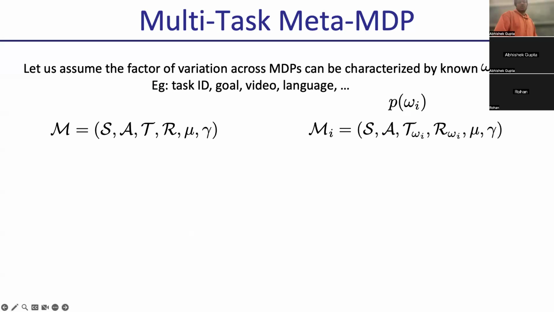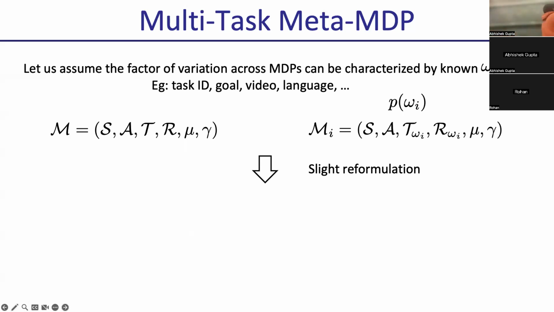For instance, if your multitask is going to different positions in the space, your ω_i is going to be your goal position that you want to go to. So we're going to assume that we have access to some sort of context characterized by ω_i, where that could be a task ID, a goal image or state, a video describing what you want to do, or a language instruction. All of those satisfy the criterion.